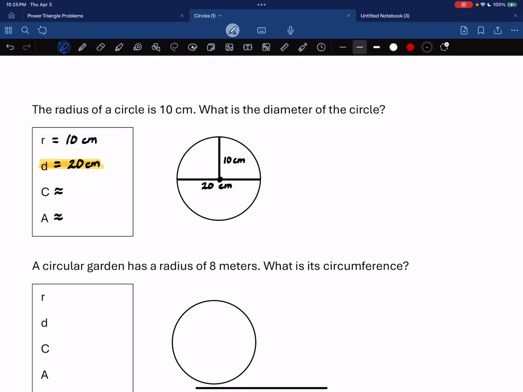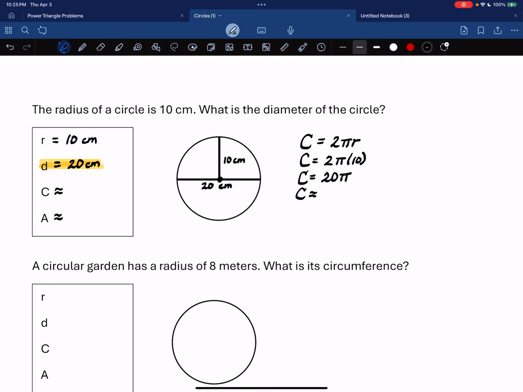All right. Circumference is 2 times pi times r. So in this case, circumference is 2 times pi times 10. 2 times 10 is 20, and we still have pi.